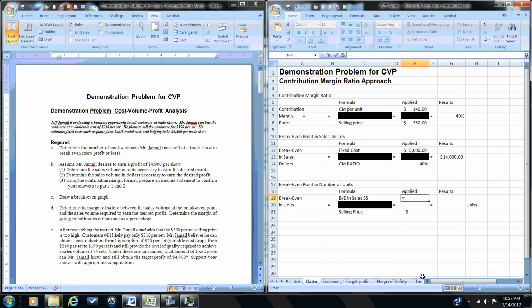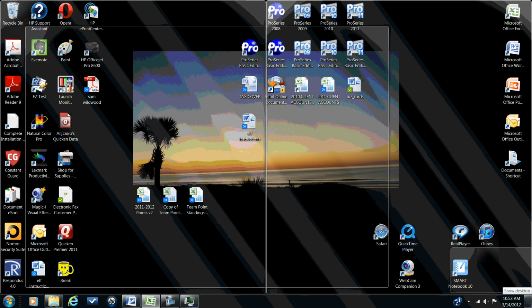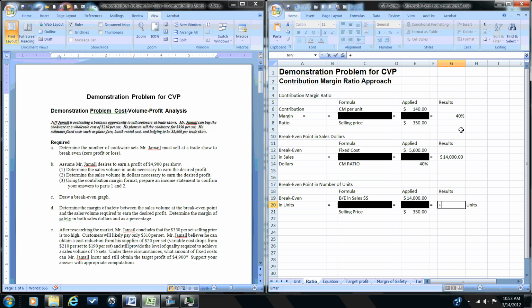So we just calculated the break-even in sales dollars to be $14,000. Our selling price per unit is given at $350, and we will simply divide the two to come up with our answer of 40 units.